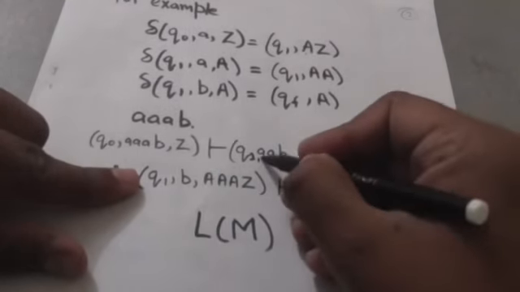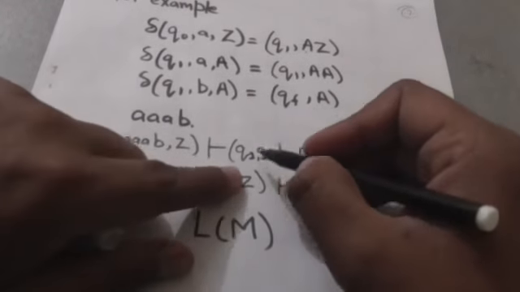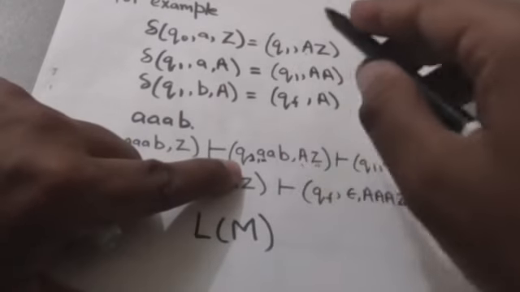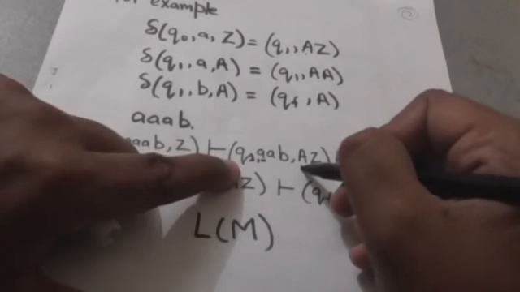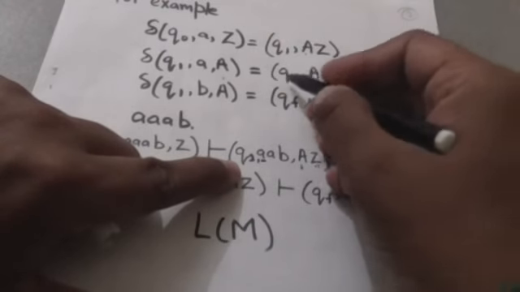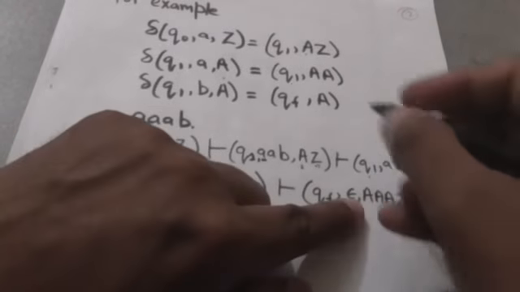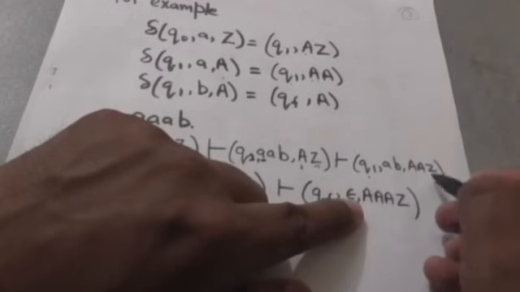Now it has to read the next input symbol A. When this Pushdown Automata is in state Q1 and reads an input symbol A, and the top element of the stack is A, it will remain in state Q1 and push a stack symbol A to stack.